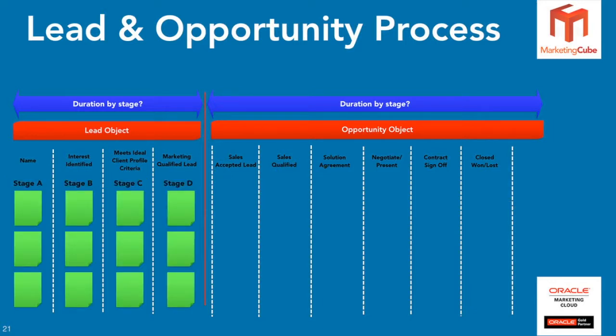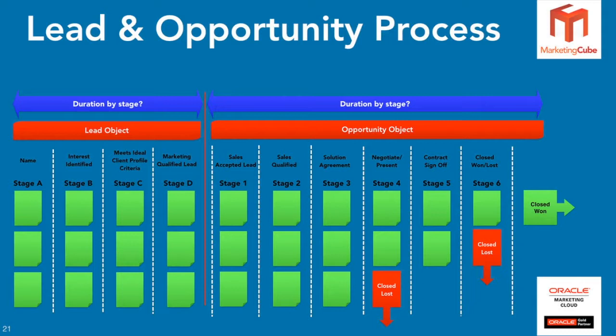So if we look at each of these various stages, for instance, now of course being marketers, we hope that everything moves through, but it doesn't always happen. But as you then start to move into the opportunity stage, people will drop out at different stages of the opportunity process. And so here, this is what we would call the recycling.